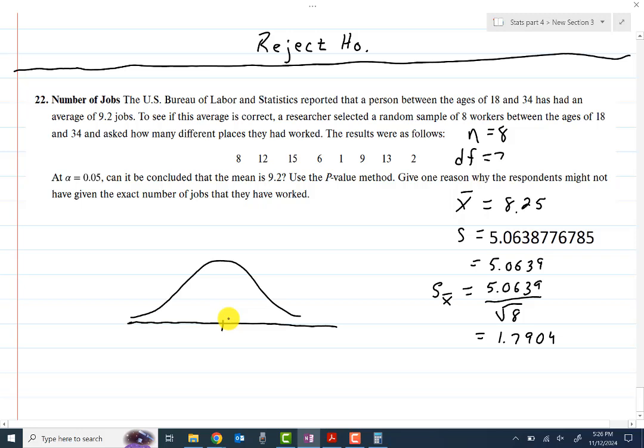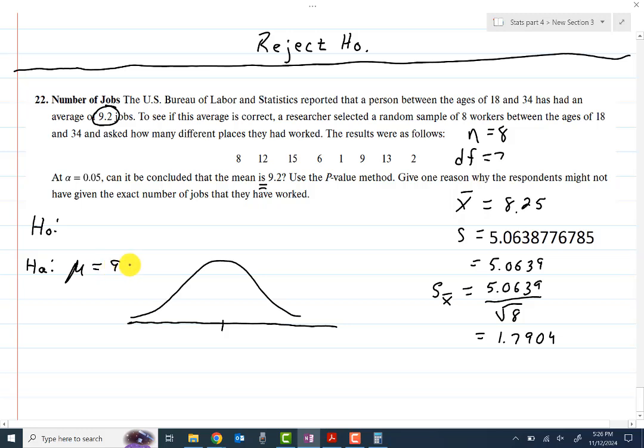The mean that they're checking us out for has an average. So the U.S. Bureau, that's what they think. I am really doing this out of order here. To see if the average is correct, can it be concluded that the mean is? So that's an equal sign.